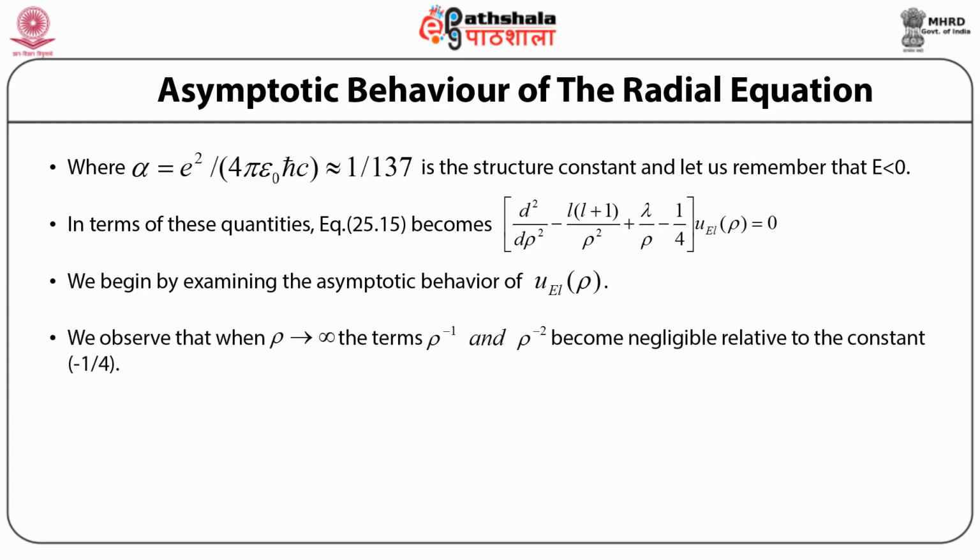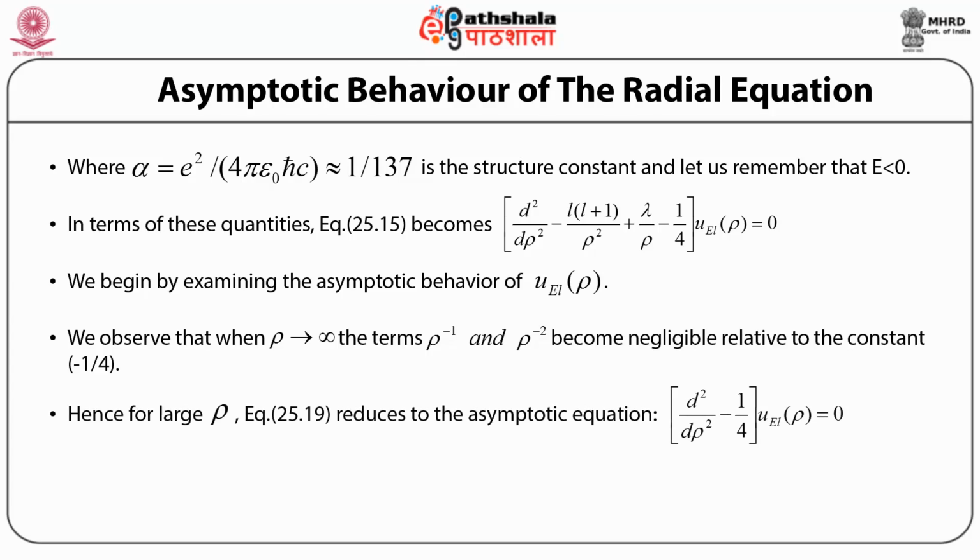We observe that when rho tends to infinity, the terms rho to the power minus 1 and rho to the power minus 2 become negligible relative to the constant minus 1 by 4. Hence, for large rho, equation 25.19 reduces to the asymptotic equation d square by d rho square minus 1 by 4, multiplied by U_EL as a function of rho, equal to 0.